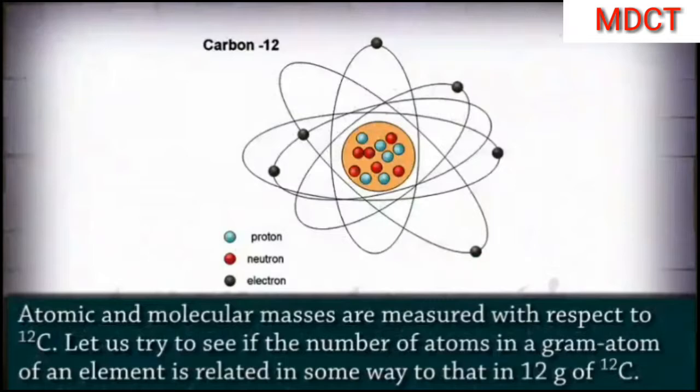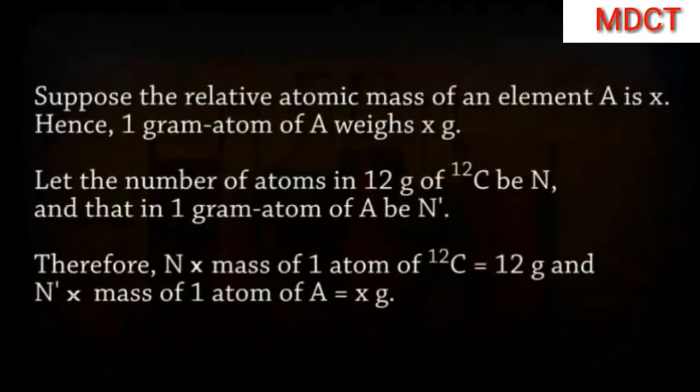Atomic and molecular masses are measured with respect to C12, so let us try to see if the number of atoms in a gram atom of an element is related in some way to that in 12 grams of 12C. Suppose the relative atomic mass of an element A is X, hence 1 gram atom of A weighs X grams.